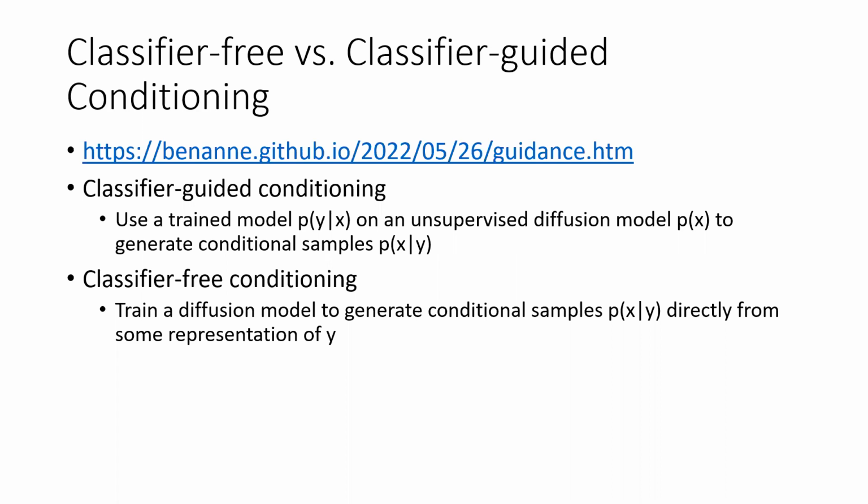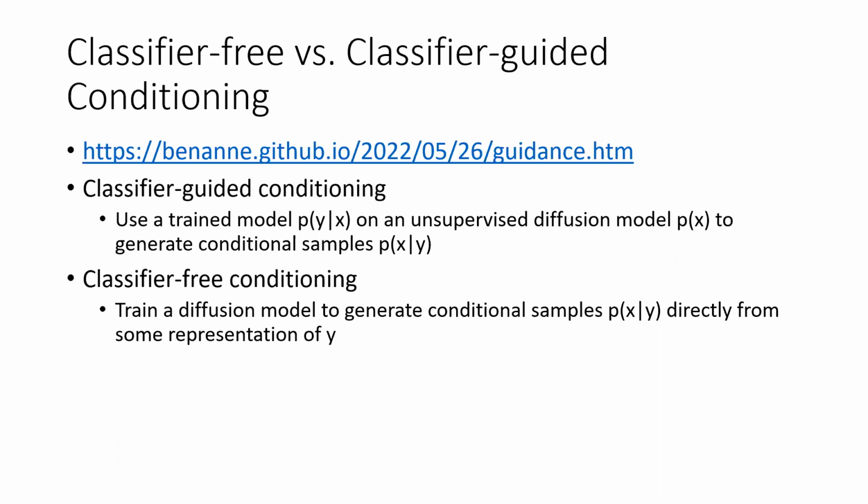One approach is to use an unsupervised diffusion model, P of X, to generate conditional samples by using a classifier, P of Y given X. It turns out you can condition these models without them being trained in the first place to be conditional. So that is called classifier guided conditioning.